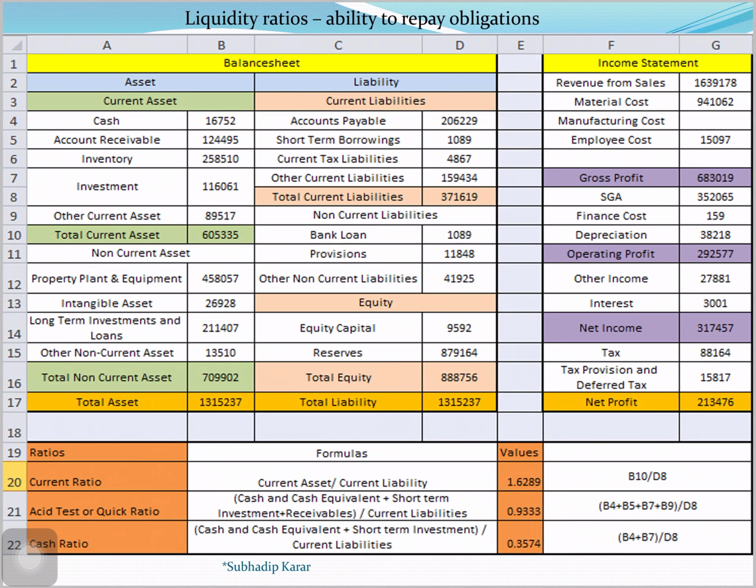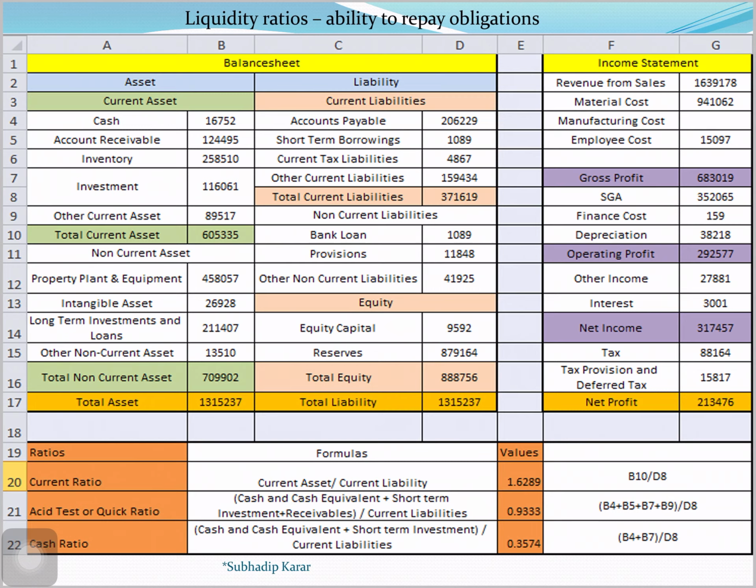Cash ratio. The cash ratio is the most conservative way to look into liquidity because it only considers cash and cash equivalents, which are highly liquid and can be used to pay off the liabilities of the company. It measures a company's ability to pay short-term liabilities with cash and cash equivalents.